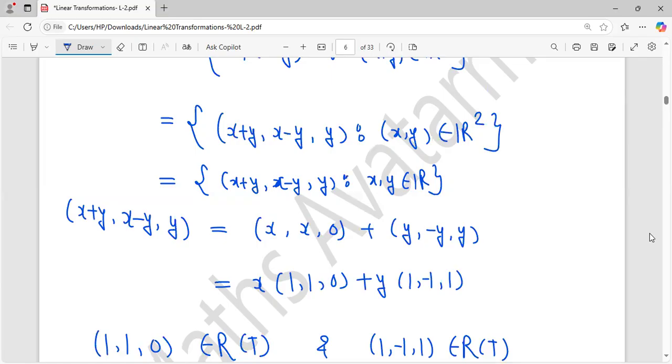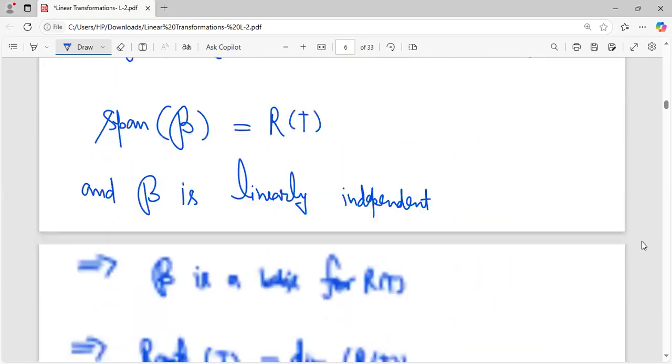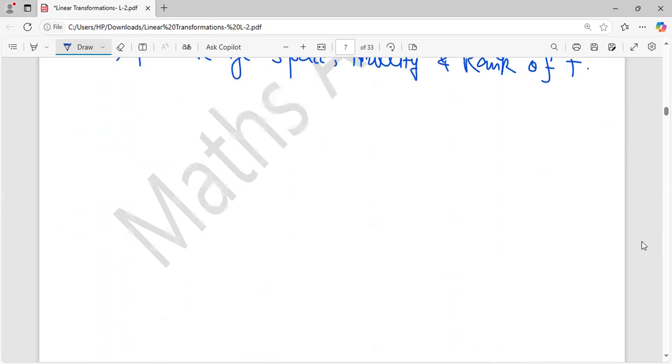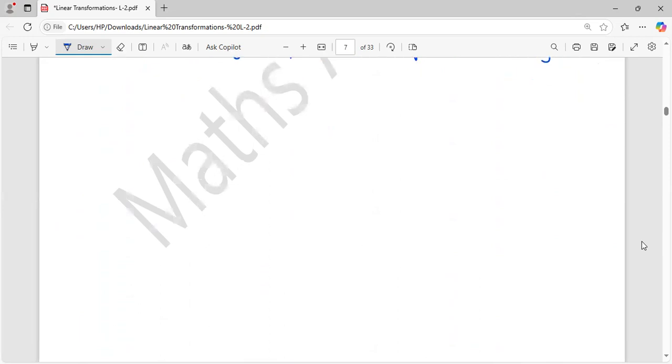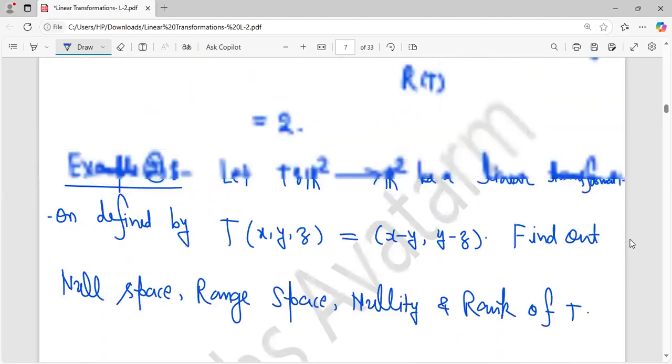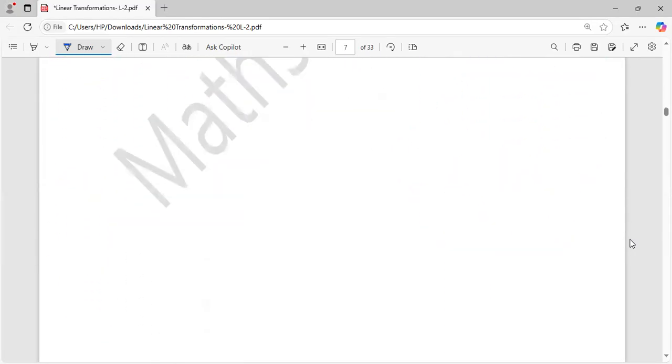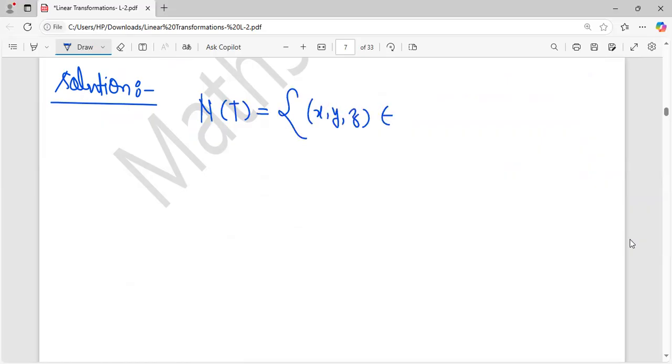Solution. The null space is the set of (x, y, z) belonging to R cube such that T(x, y, z) is equal to (0, 0).